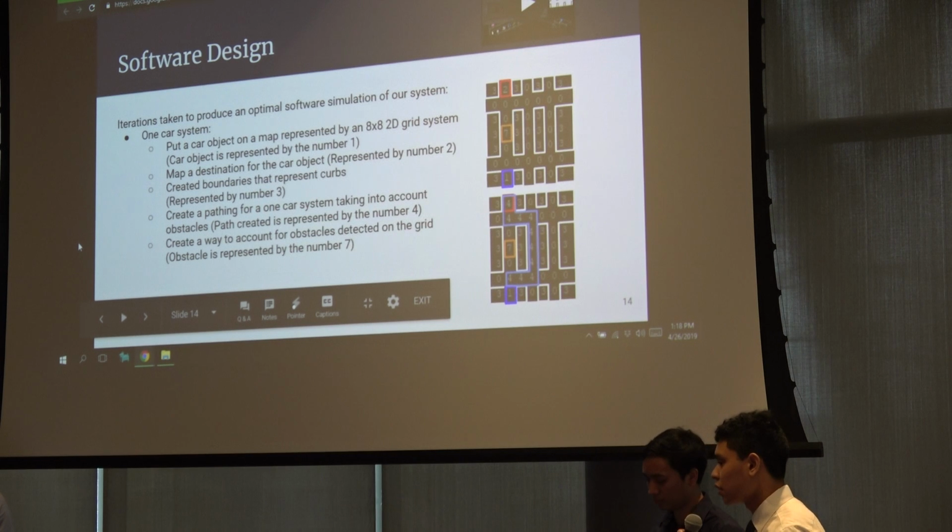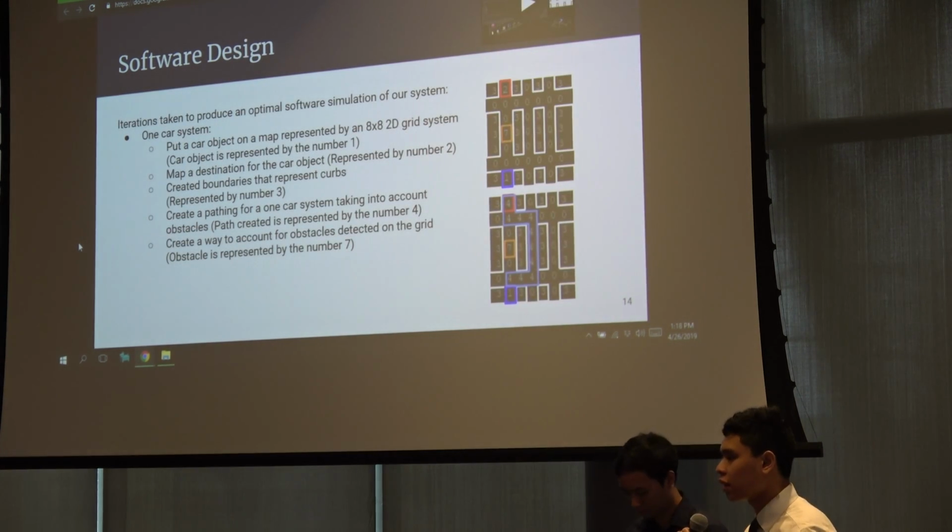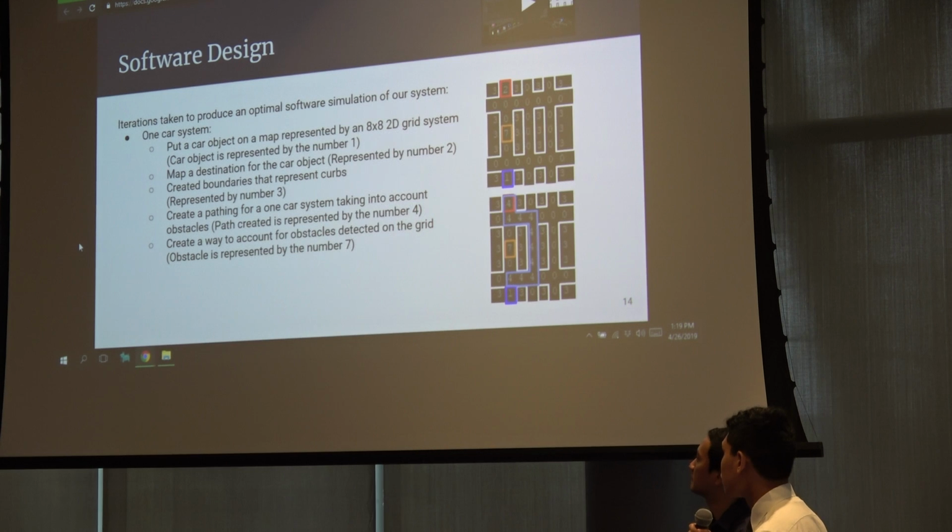For the software implementation, we had to think about several iterations that would help us create an optimal software simulation. The first thing we wanted to tackle was to create a one-car system.